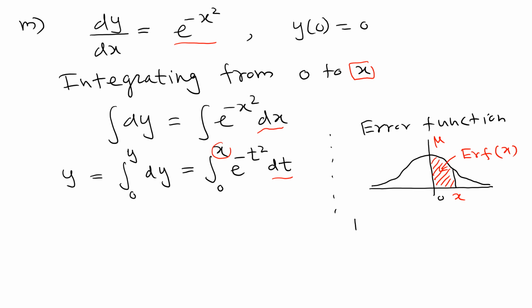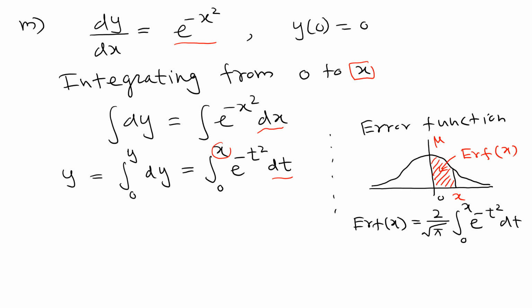So error function of x is defined as 2 over square root of pi, and then the integral from 0 to x of e to the negative t squared dt. So it's the area under the gamma function from 0 to x.